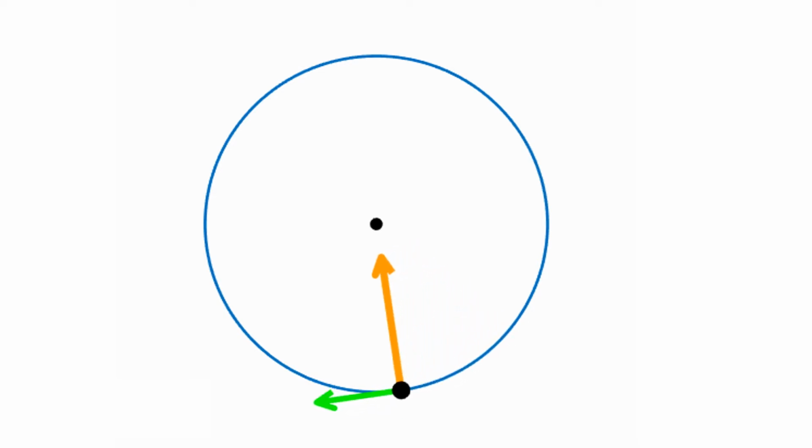That's the force of tension if I take this ball and start rotating it, sideways or over my head. There's a force holding it to form this circular motion. That's the orange arrow, whereas the green arrow is the direction the ball wants to move in.